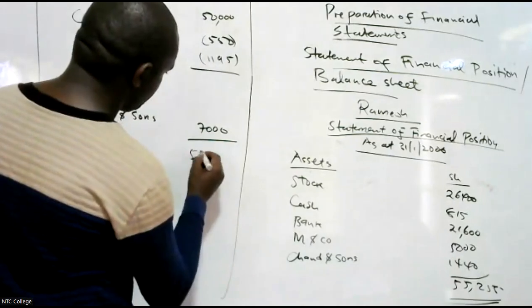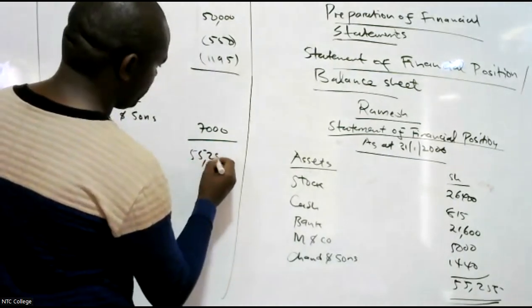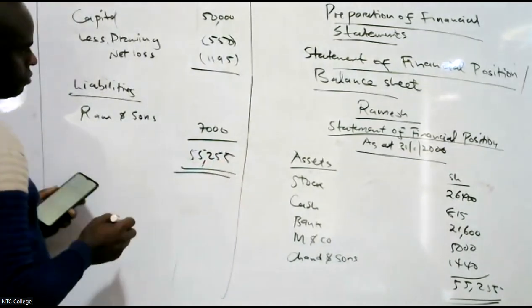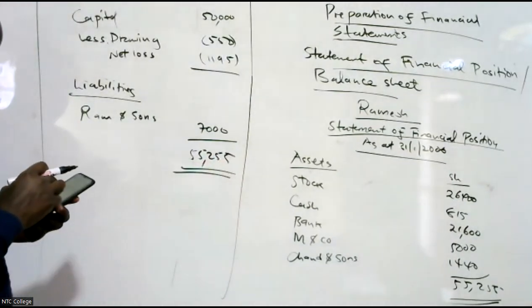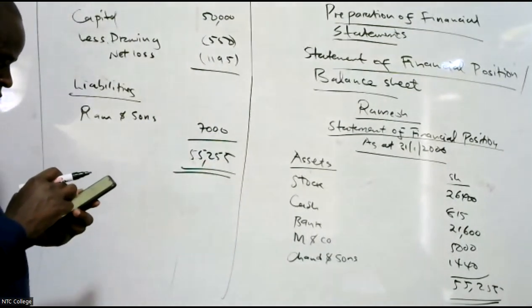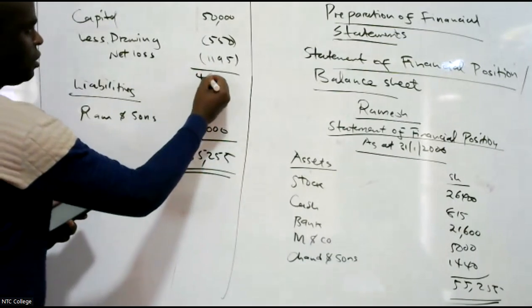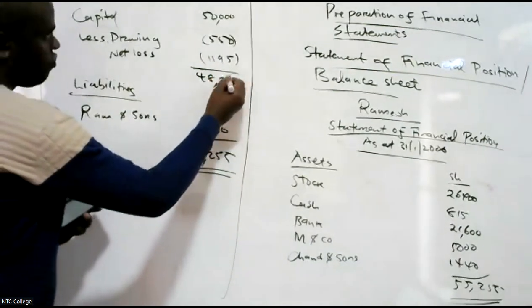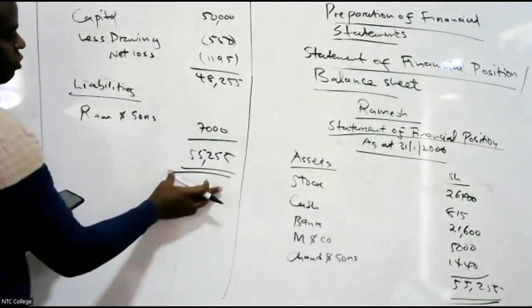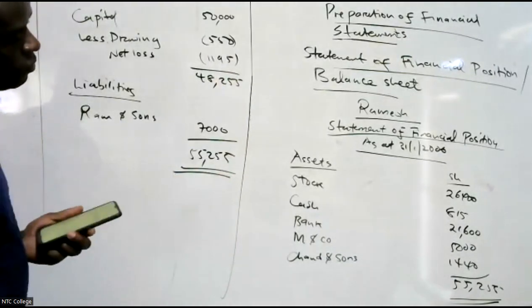So here we have 55,255. What's here you will get 48,255. So 48,255 plus 7,000, you get 55,255.